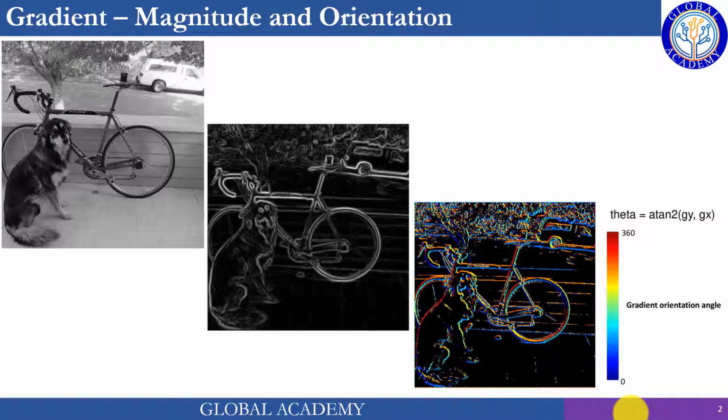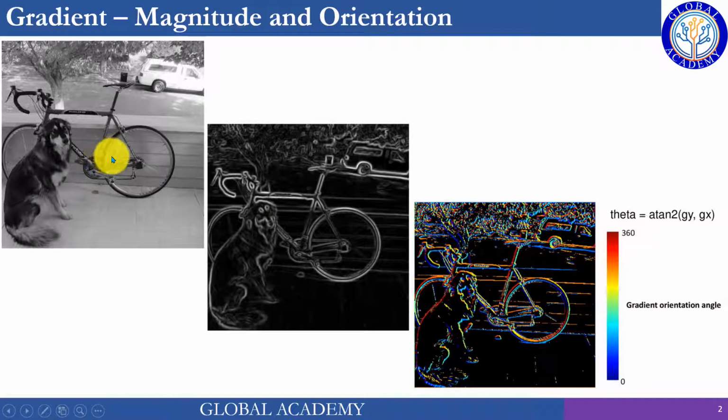In all those cases we used one image as input and we produced one image as output. But in case of gradient, we take one image and we produce two images. First we compute gradient along the x-axis and then gradient along the y-axis. Then using Ix and Iy, we compute magnitude and the orientation, or angle, or direction.